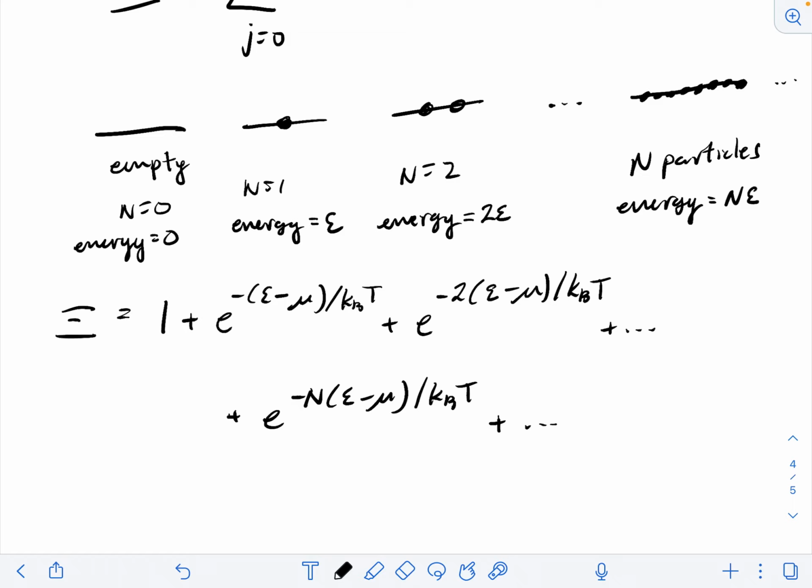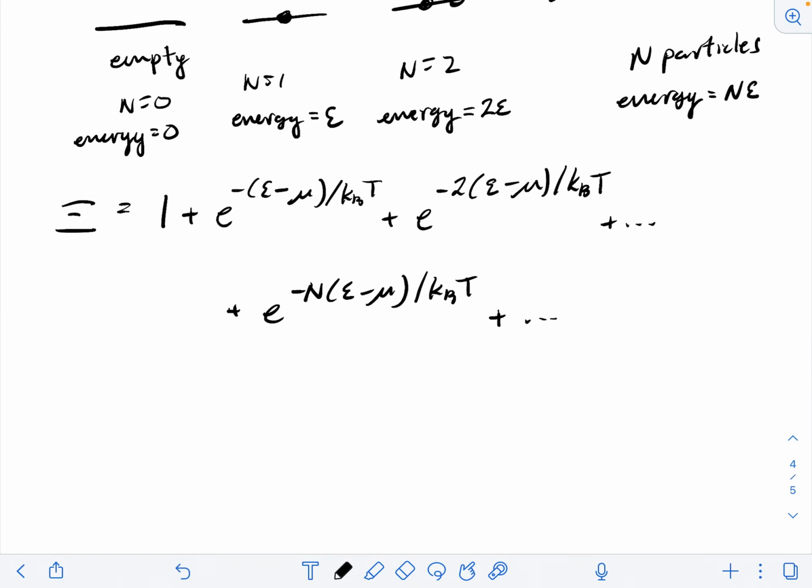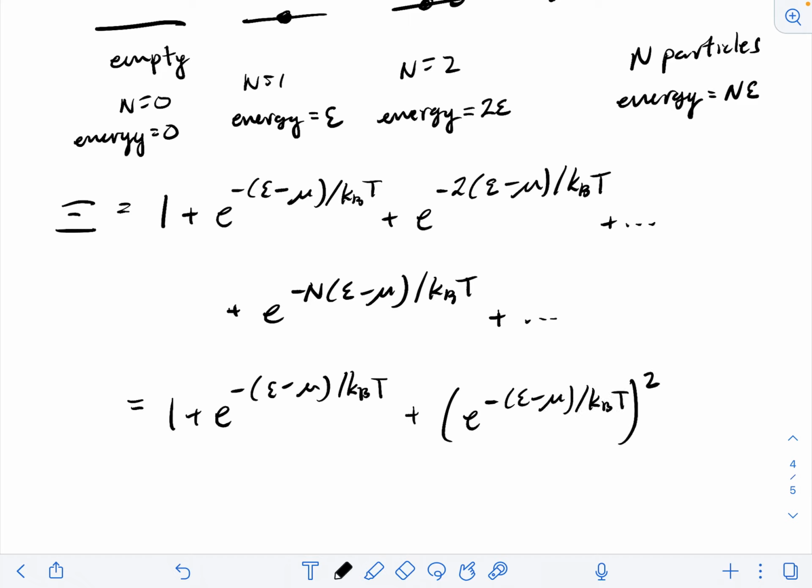Okay, we could rewrite this in another way. I'll write the first two terms exactly as they were, but let me write this third term as e to the minus epsilon minus mu over kBT, squared, right? That's the same thing.